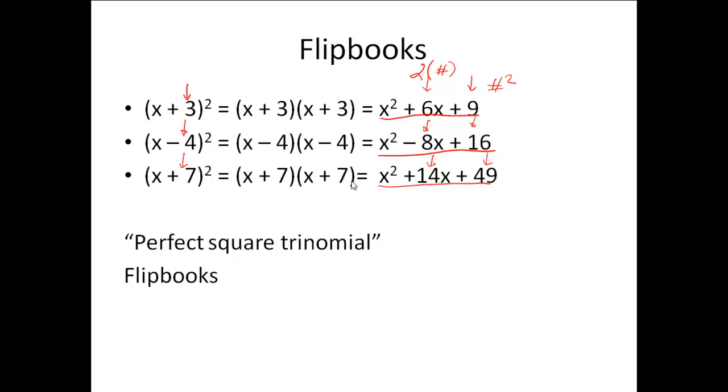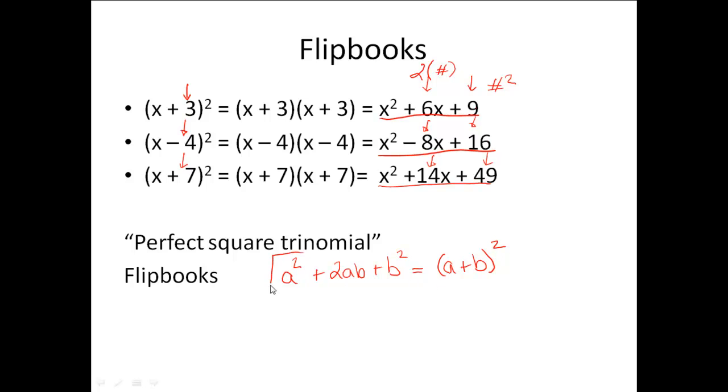So in your flipbooks, under the 3-term column, go ahead and find the tab that has this pattern on it. A squared plus 2ab plus b squared. On that tab, you're going to write down that a squared plus 2ab plus b squared is equal to a plus b quantity squared.